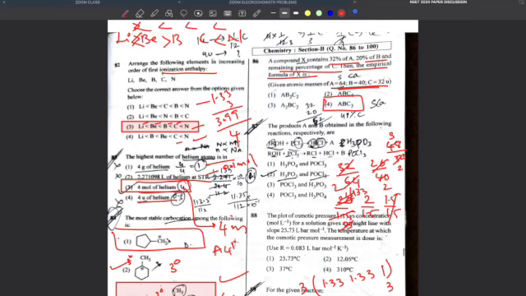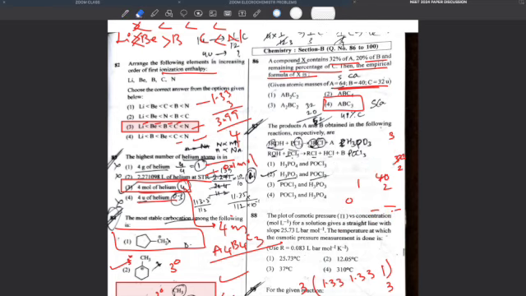So it's A4, B4, C3. We'll come back to this question. My answer looks like ABC3, but we can do it properly.